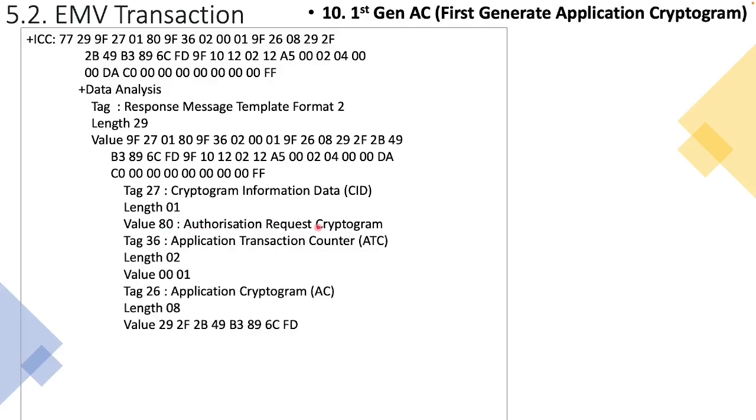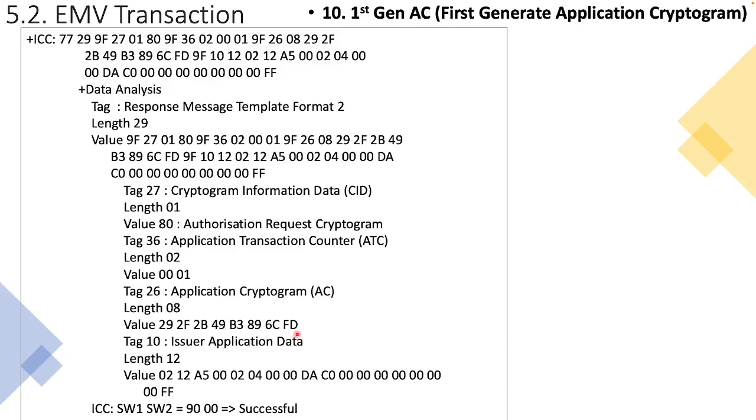Then you'll see the application transaction counter, etc., and it eventually generates the actual cryptogram now, and here's the value, indicating that the transaction should go online. At the end of it, we know that the first gen AC phase of this transaction was successful.